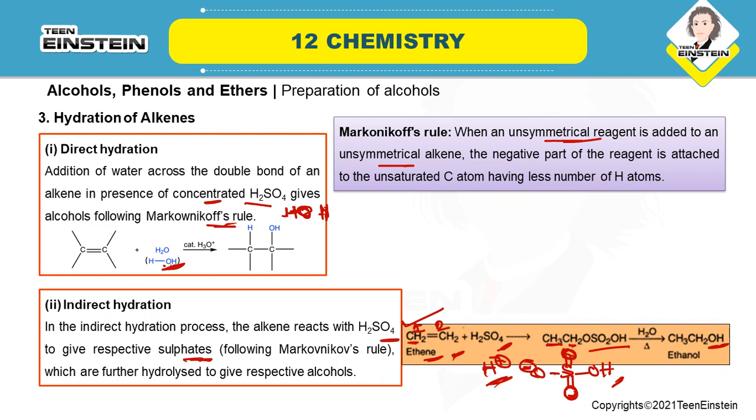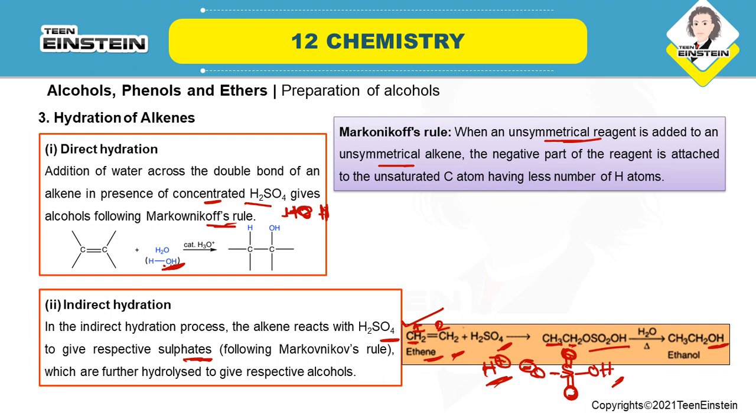So here OSO2OH is attached to 2 carbon. But if it is attached to 1 carbon, then also it will be the same structure. So for a symmetrical alkene, Markovnikov rule is not required. Only when the alkene is unsymmetrical does the question of this rule arise. So the reagent is unsymmetrical, the alkene is unsymmetrical, then only we will talk about this rule.